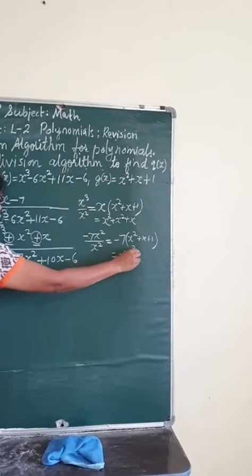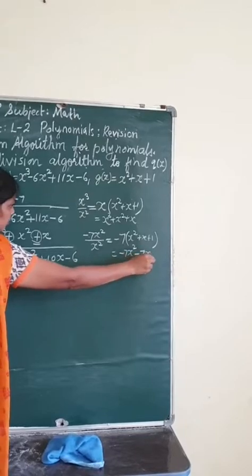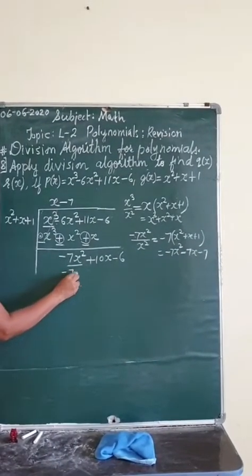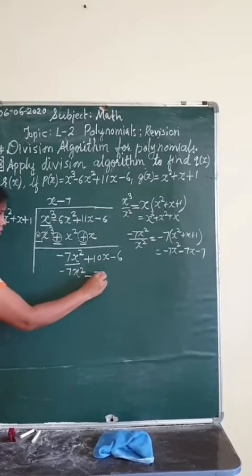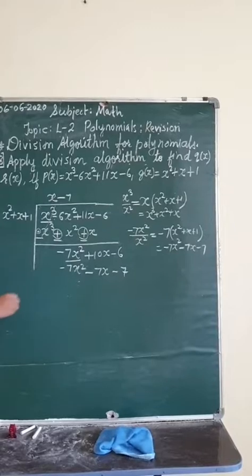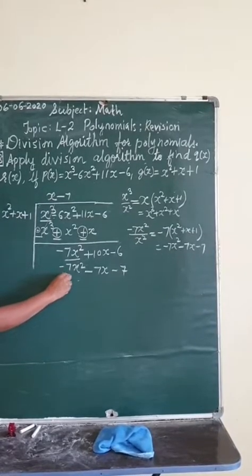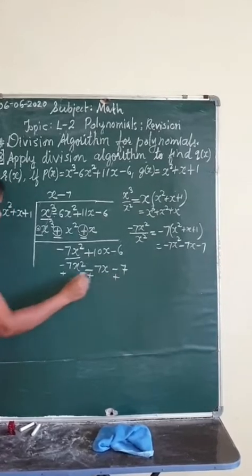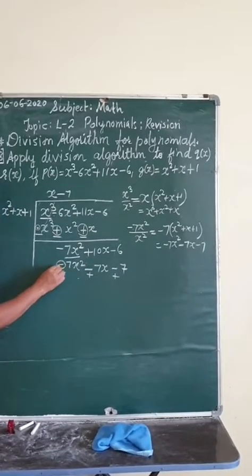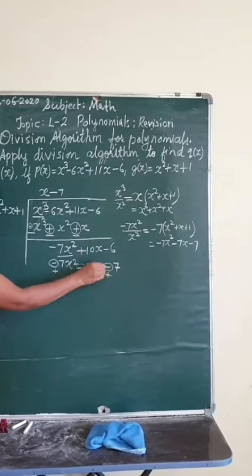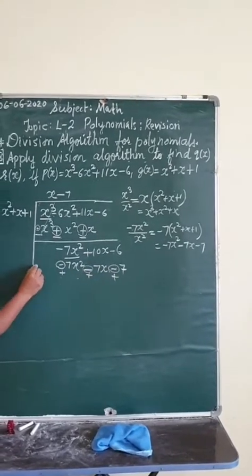Minus 7x squared minus 7x minus 7. Write this here. What next? Subtracting, this minus changes into plus, this minus changes into plus, this minus changes into plus.